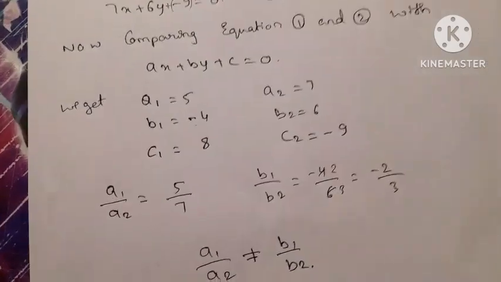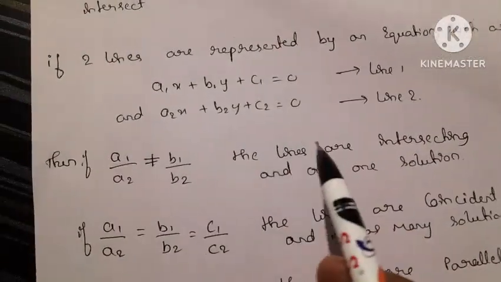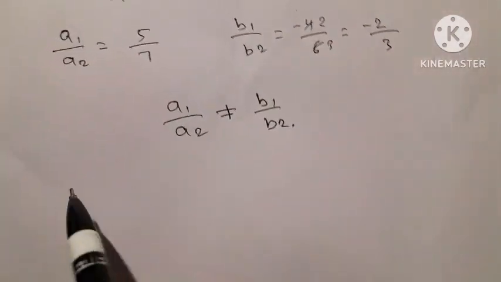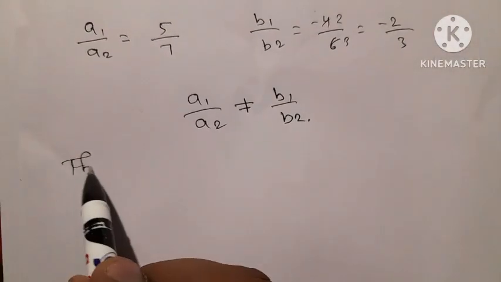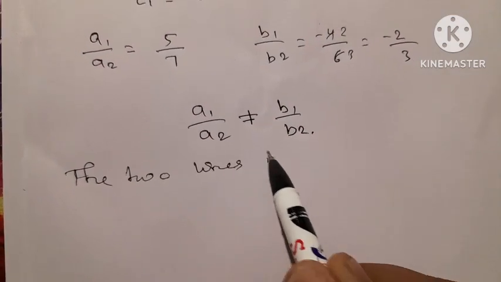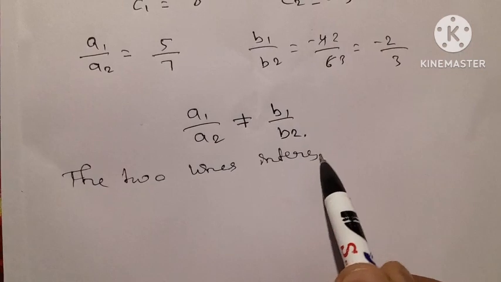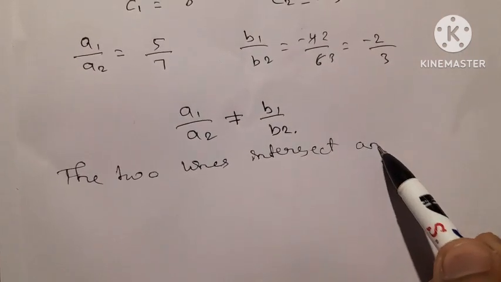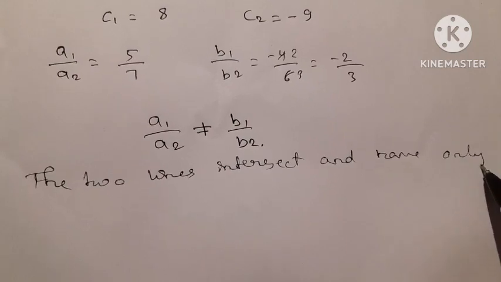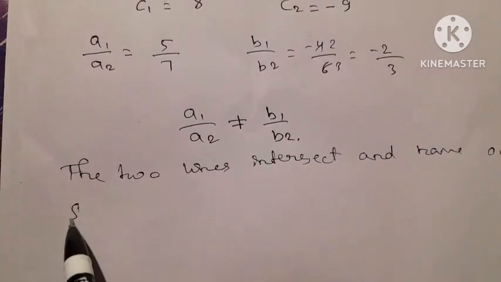So in this condition we know that the lines are intersecting and there is only one solution. So we can say that the two lines intersect and have only one solution.